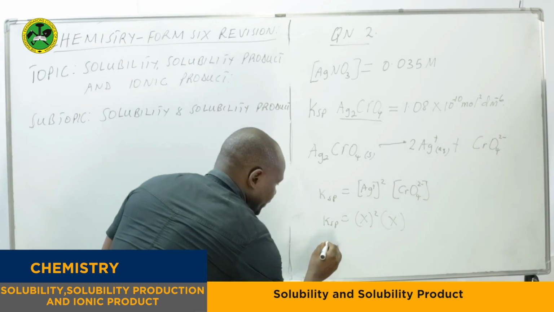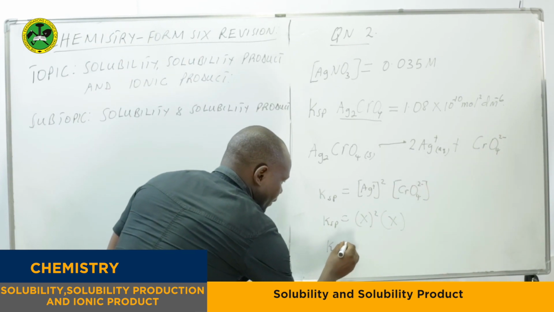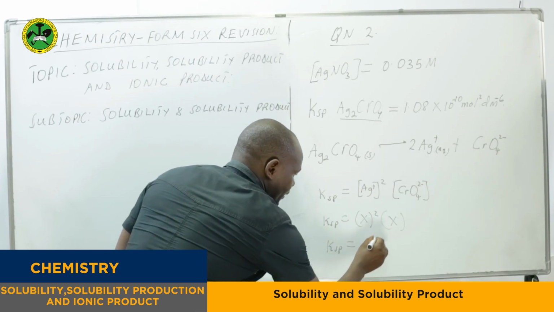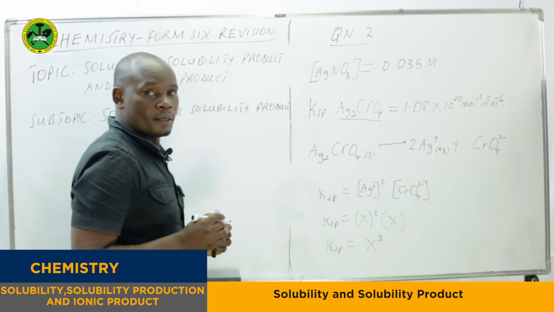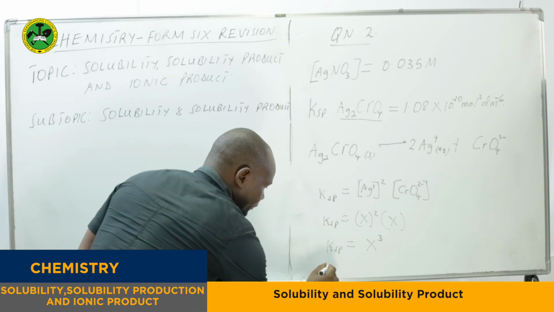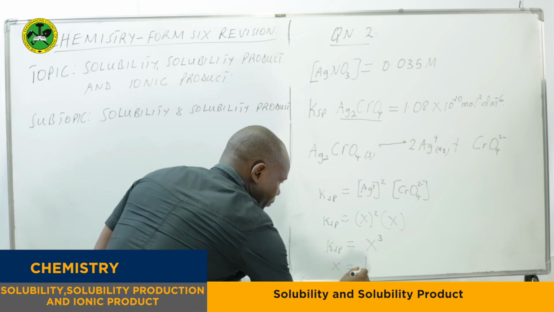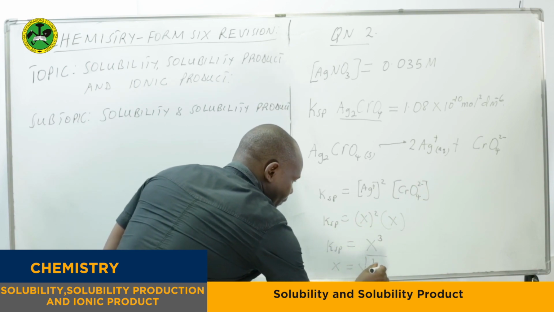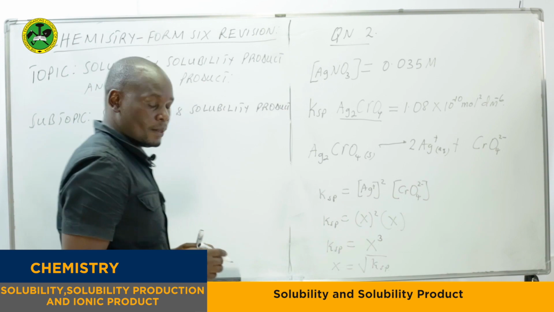So Ksp will be equal to 4X cubed, so X will be equal to the cube root of Ksp over 4.